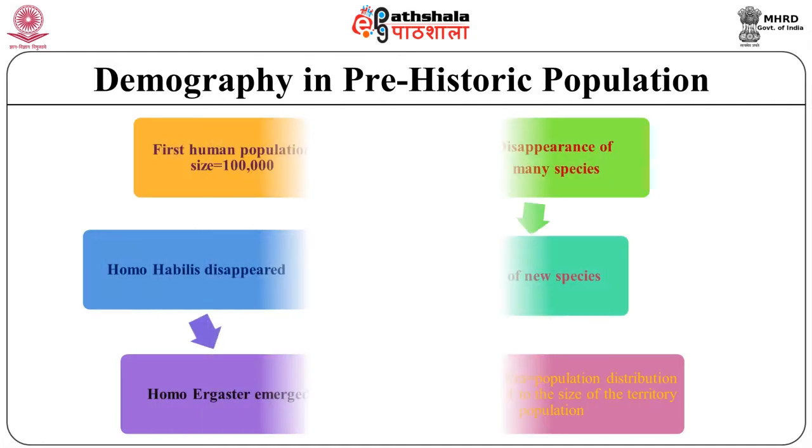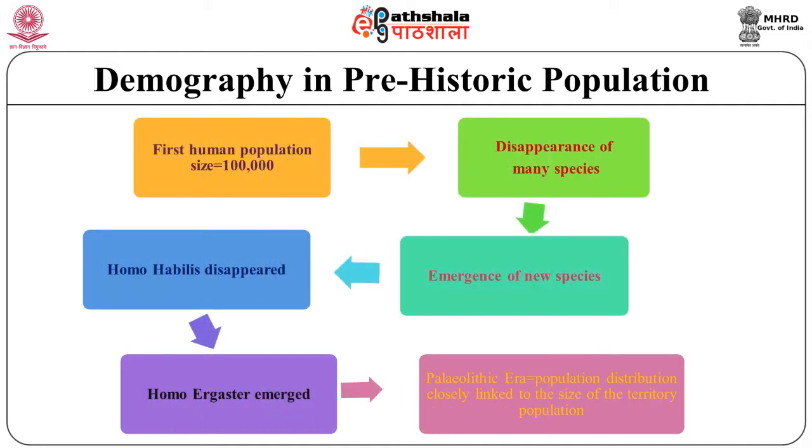The demography in prehistoric population: the likely approximate size of the first human population was about 100,000, probably already divided into distinct groups. They emerged as the earth was entering an ice age, which, like any climatic change, resulted in the disappearance of many species and the emergence of new ones.